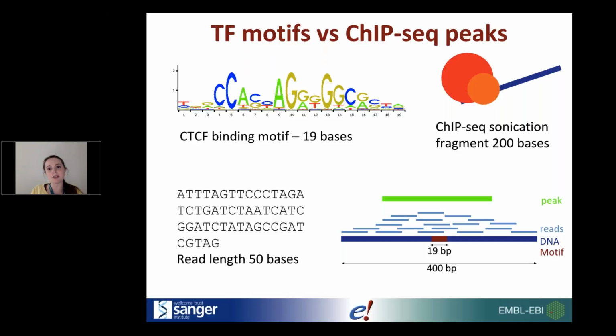And of course, we're interested in the actual binding compared to the binding motif, because the actual binding will differ between cell types, whereas the motif is something that is present in every cell with that sequence.